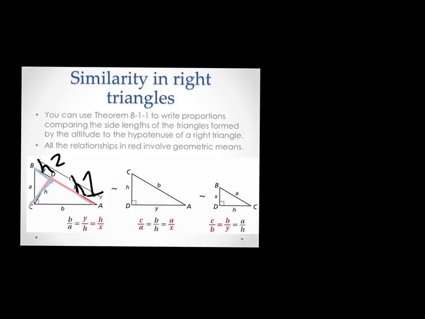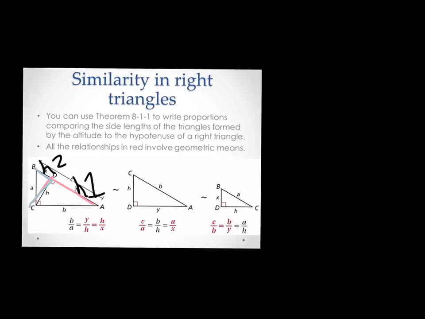And now let's go to the other one. So b over h equals a over x, and b over y equals c over b, which kind of reminds us of an L shape.